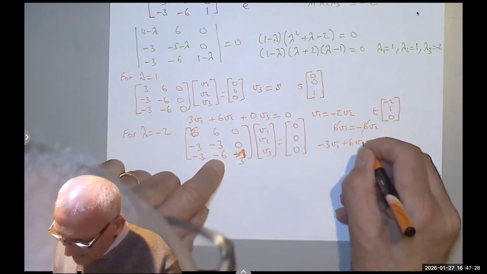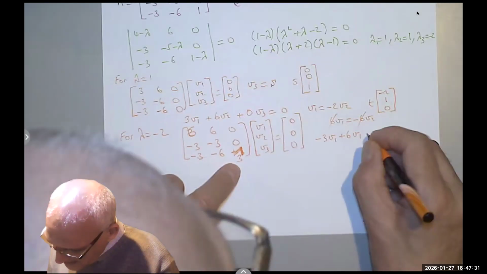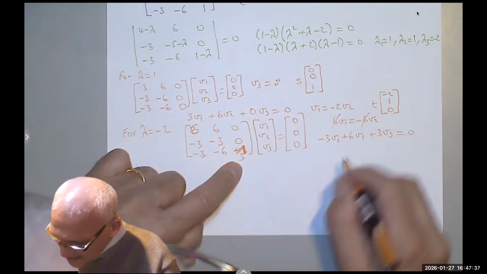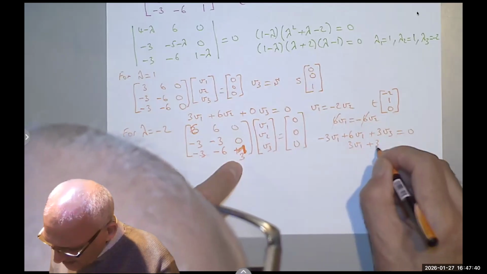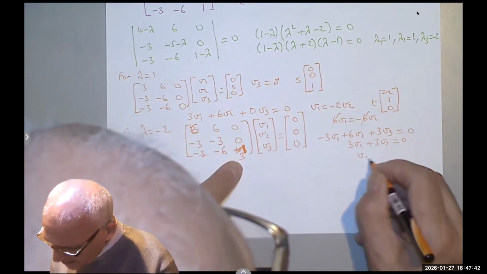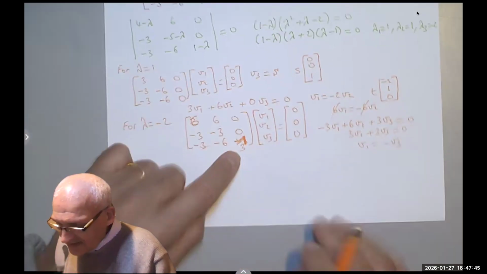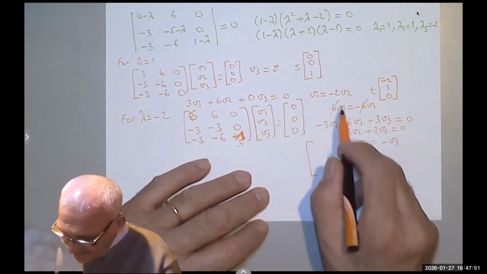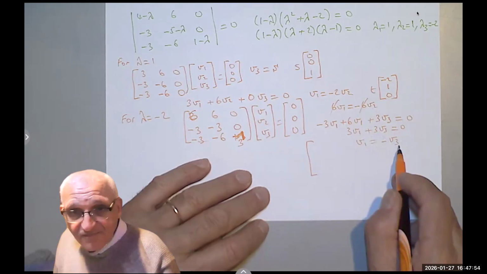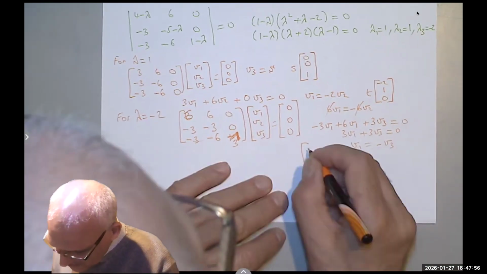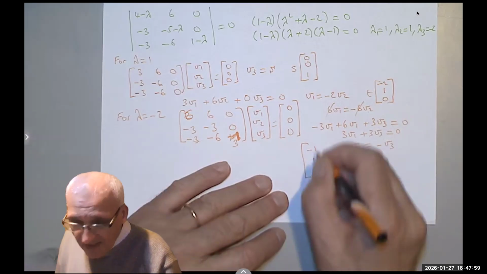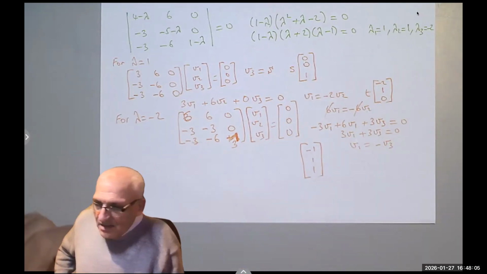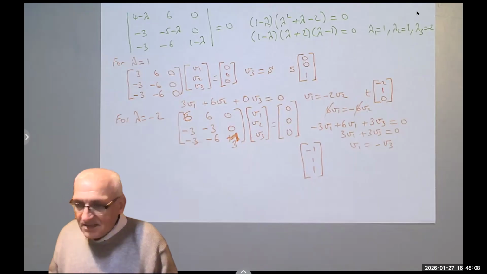So I can write it as plus 6V1 plus 3V3 equals 0, which means 3V1 plus 3V3 equals 0, meaning V1 equals negative V3, or V3 equals negative V1. So basically we said V1 is the negative of V3 and the negative of V2. So I can write it as negative 1, 1, 1 or 1, negative 1, negative 1. It really doesn't matter. And here are the three eigenvectors.